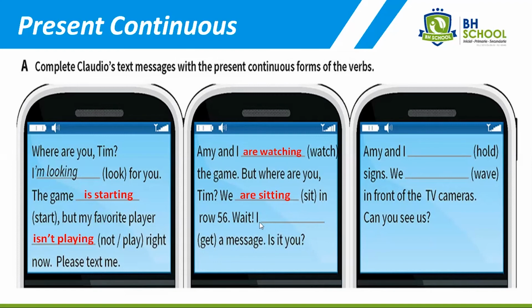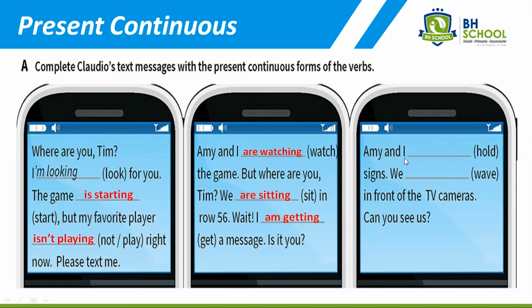I is my subject. What is the verb be of I? And what about get? Do I only add ing, or do I have to repeat the T? Yes, I have to repeat the T and I have to add ing. Let's go to the last ones.